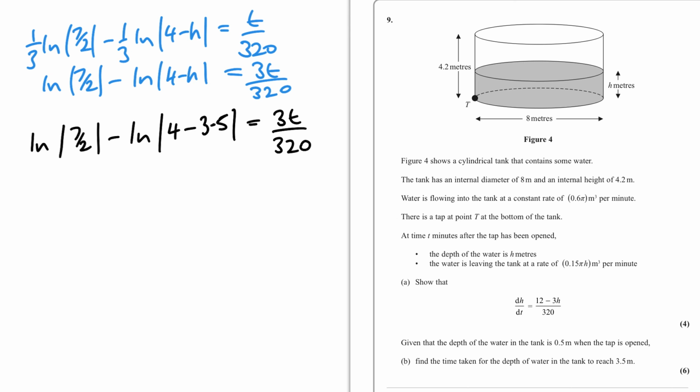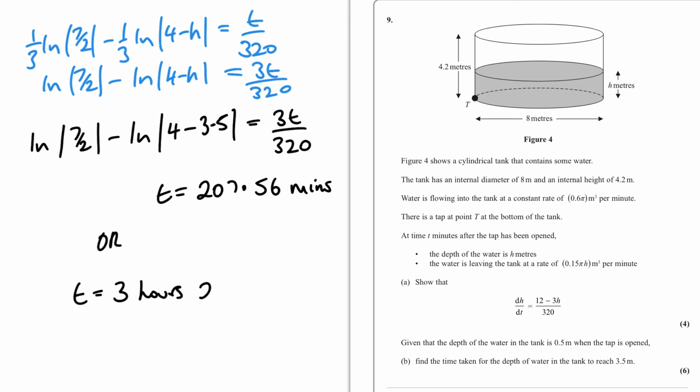And once I've substituted this in and then multiply by 320 and divide by 3, I get that t is 207.56 minutes, or if you wanted it in hours, it would be 3 hours, 27 minutes, and 34 seconds to the nearest second there.